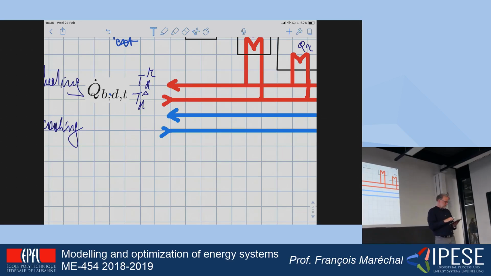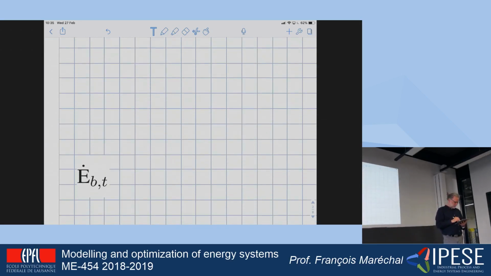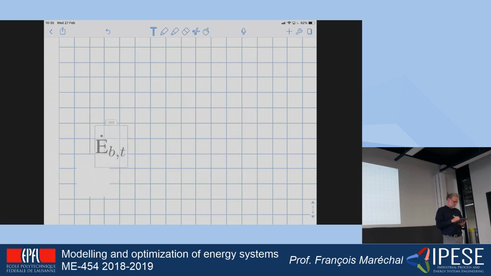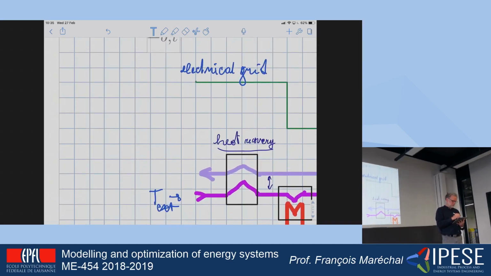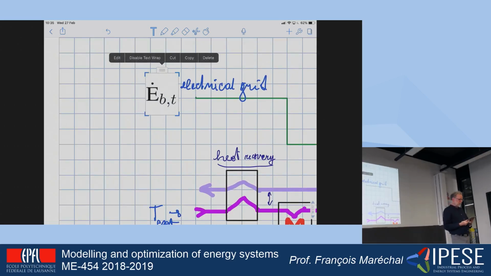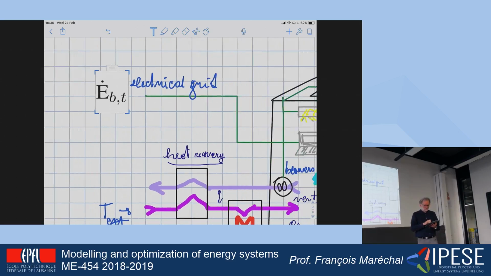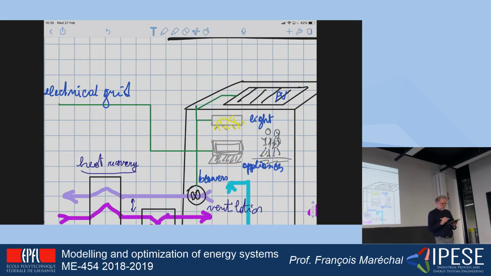At the same time, I will have to define the electricity amount that I will define as E,B,T: B for building, T for time, which is indeed the sum of what the lights are giving to us, the PV panels that can produce electricity also, the appliances and the blowers.